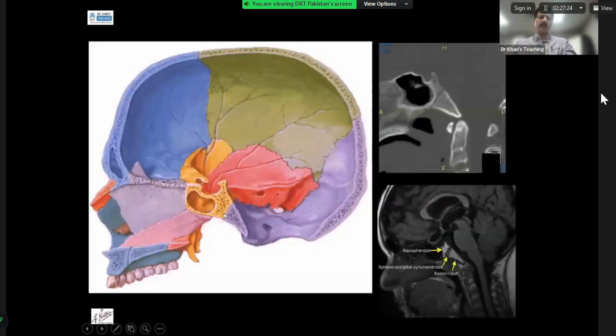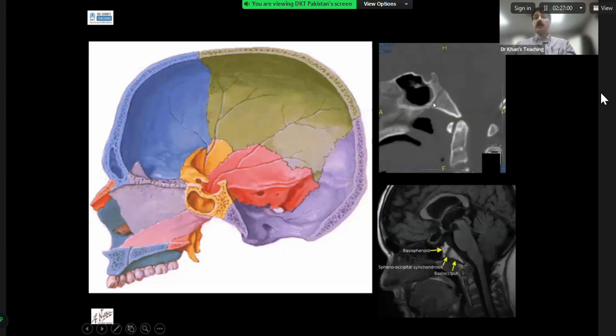Now, if you see here, this is your clivus. As I was telling you, the clivus is made up of 2 bones. One is the occipital bone, and this is the basisphenoid or the sphenoid bone. In a growing skeleton, there will be a synchondrosis there, a joint, and this shows on a CT scan. So don't get confused.